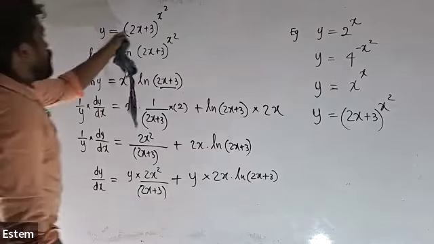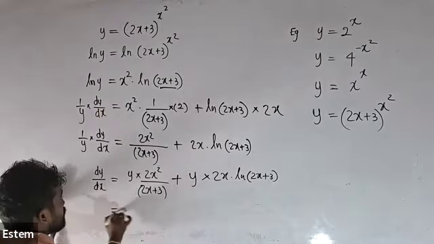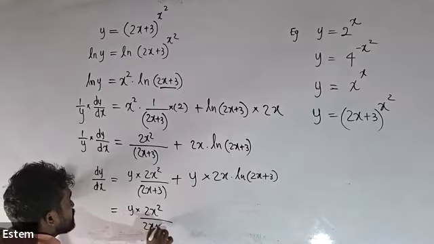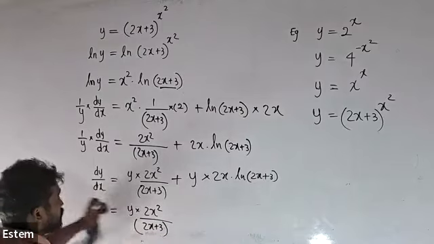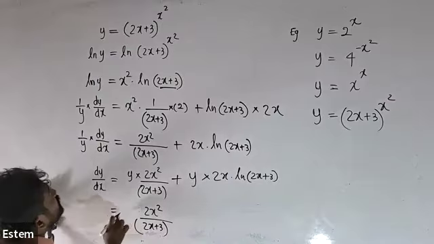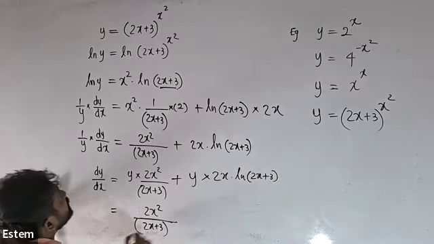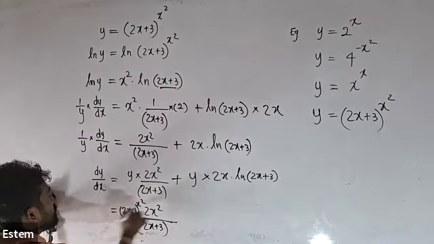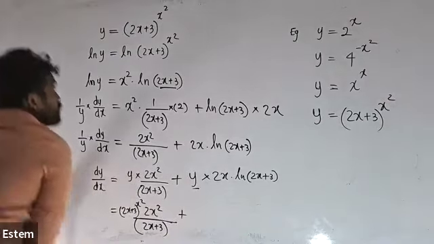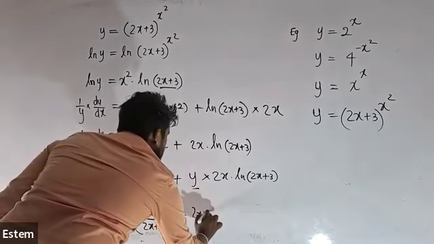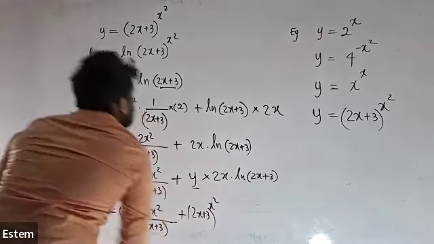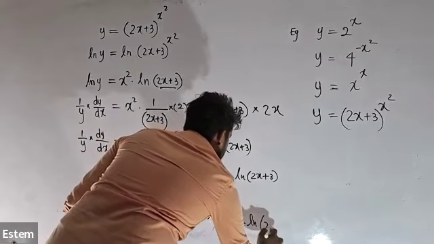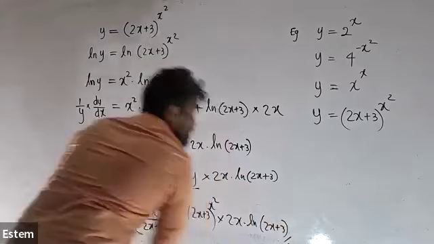What's the value of y? Y is 2x plus 3 to the power of x squared. So we substitute y: (2x plus 3) to the power x squared times 2x squared over 2x plus 3, plus (2x plus 3) to the power x squared multiplied with 2x ln of 2x plus 3. This is the final answer.